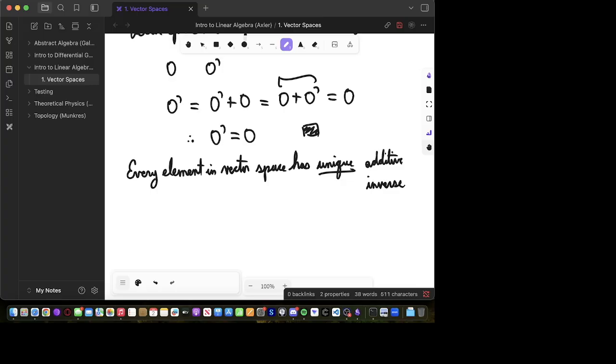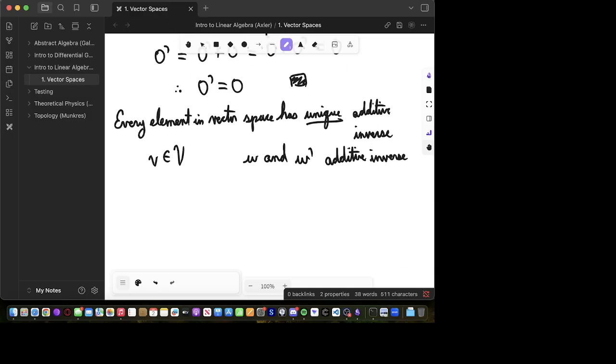No element has more than one additive inverse. So, suppose we have a vector V in the vector space, and W and W prime are additive inverses. This is essentially the same song and dance, okay? We want to prove that W and W prime are the same.